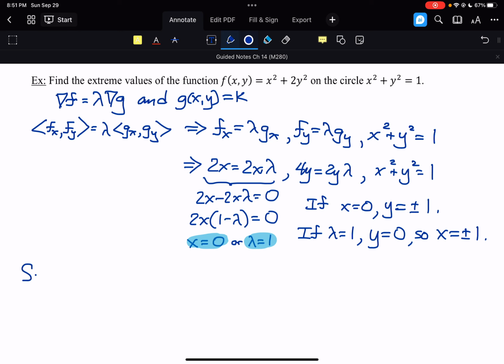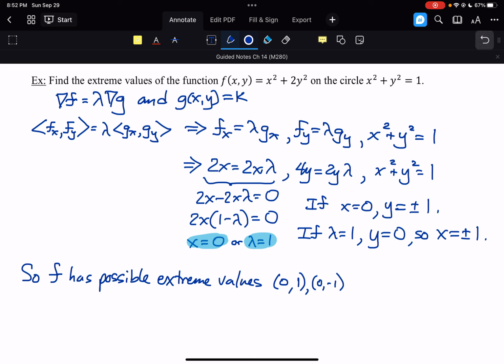So this tells us f has possible extreme values. So this will be 0, 1, and 0, -1. That's this pair right here.